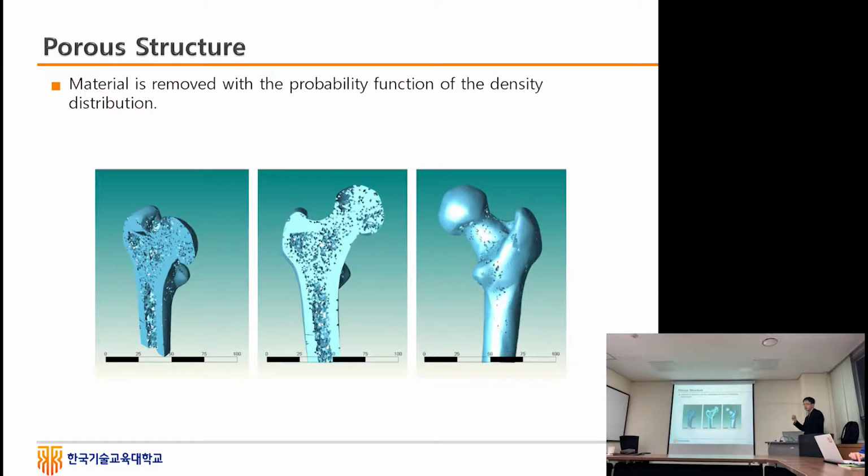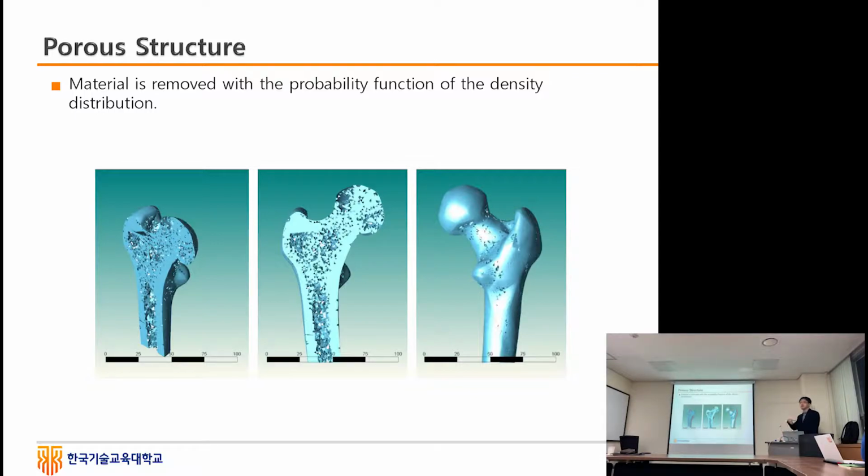This is another result. As you can see, there are many holes. Actually, as I said, I wanted to represent the porous structure, but the result is not similar to the porous structure. But to represent such a porous structure, I used the density distribution function as a probability function.